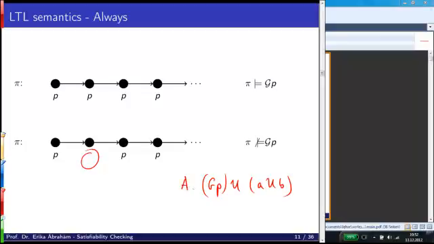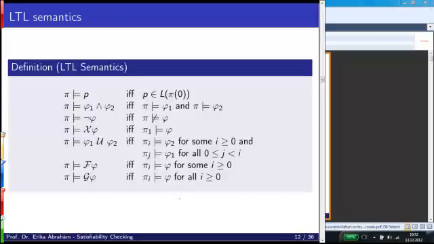So I can nest formulas. For all is implicit. I do not have a quantifier in LTL because I talk about paths, but implicitly we will see that a Kripke structure satisfies an LTL formula if all paths satisfy it. So we have an implicit for all quantifier at the beginning.